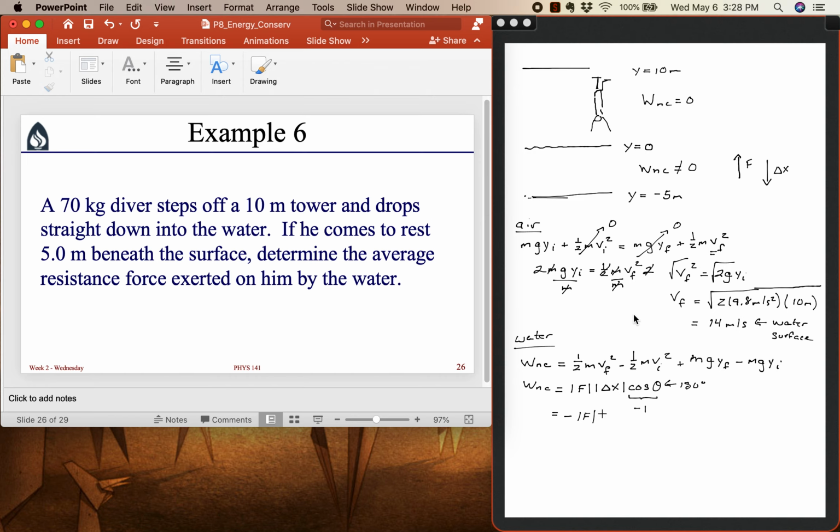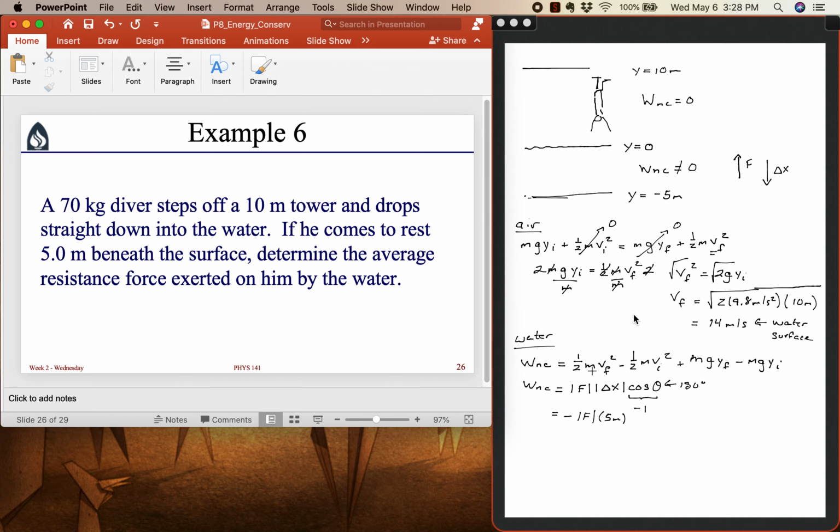So the amount of displacement would be equal to 5 meters. So then I can set this equal to the work done by non-conservative forces equal to this expression. But before I do that, I should see if I can simplify things by seeing if any of these are equal to 0.